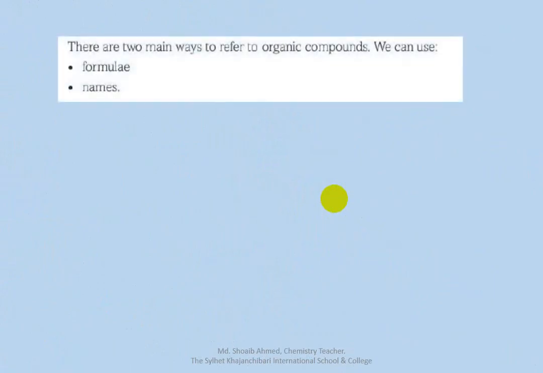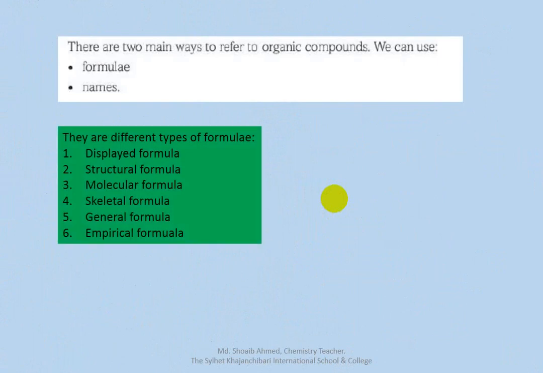There are two main ways to refer to organic compounds: by formula or by naming. There are different types of formula: displayed formula, structural formula, molecular formula, skeletal formula, general formula, and empirical formula.